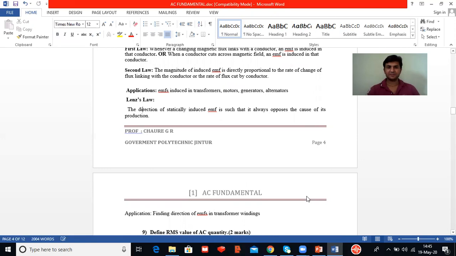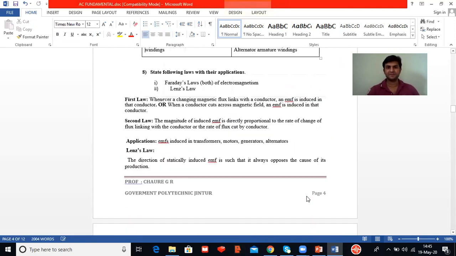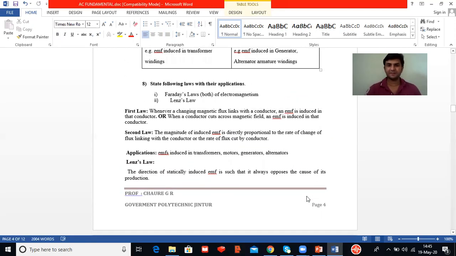The next question we will see: state the following laws with their applications. First law is Faraday's law of electromagnetic induction.